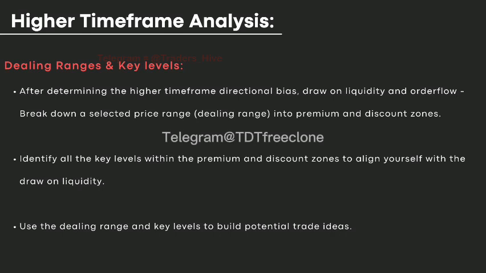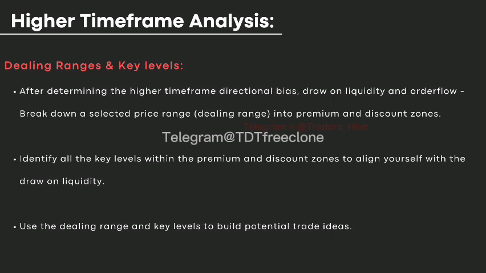Now, you're going to think of this range as a zone of opportunity. The premium zone represents an area where price might be overextended, and the discount zone represents an area where price might be undervalued, right? And this segmentation, or this dissection, will help you focus on where the best opportunity lies.